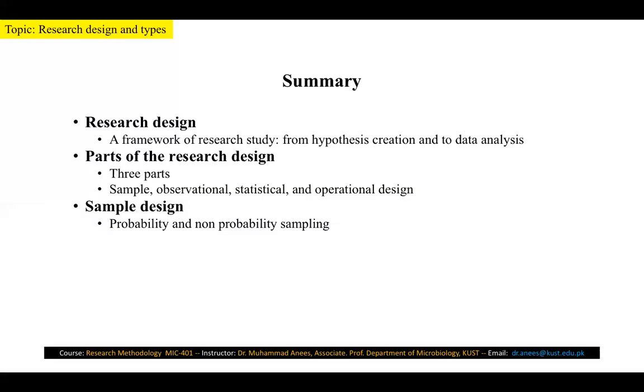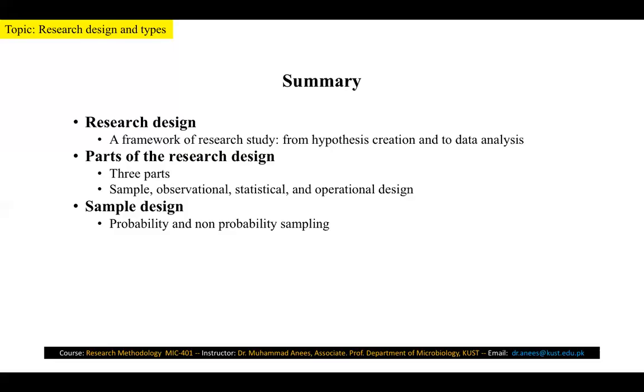Then we discussed in detail the sample design, which is of course the most important one when you are going to perform a research. So in this case, we have 2 options based on our objective. One is probability sampling and the other one is non-probability sampling. Probability sampling means that you are going to sample something out of the population through a completely unbiased decision.